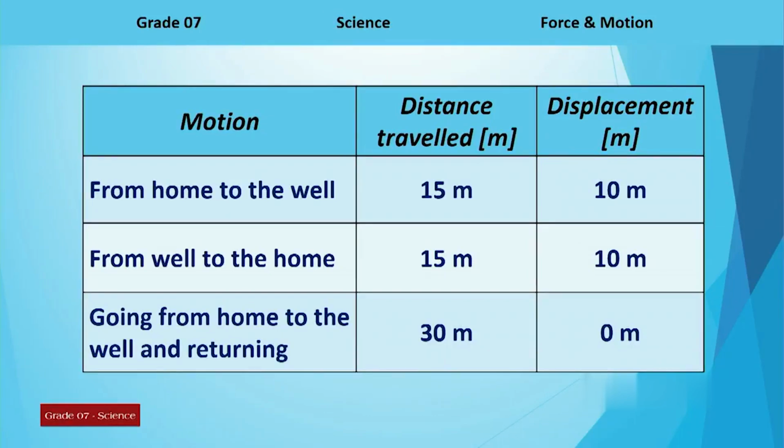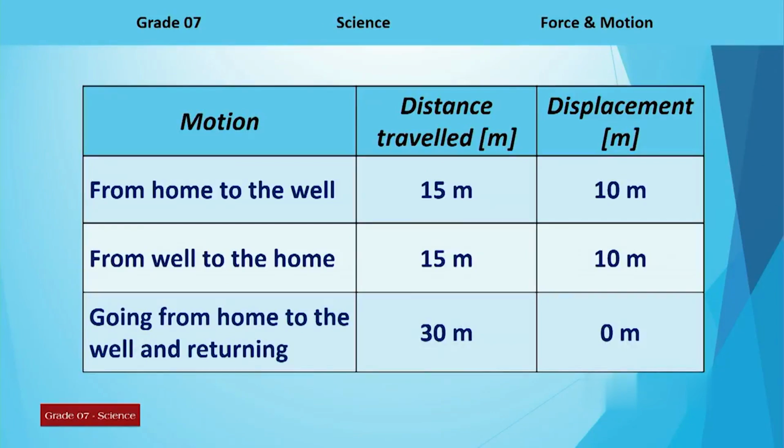Distance travelled is 15 meters and the displacement is constant. It does not change, that is 10 meters. Going from home to the well and returning, for the whole motion of the woman, the distance travelled is 15 meters plus 15 meters. You have to add both, then it becomes 30 meters, and the displacement has become 0.